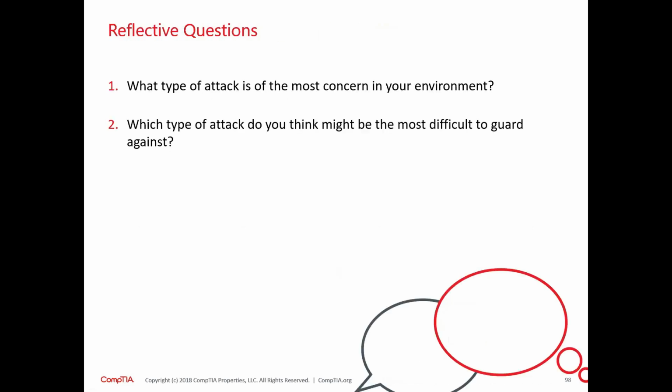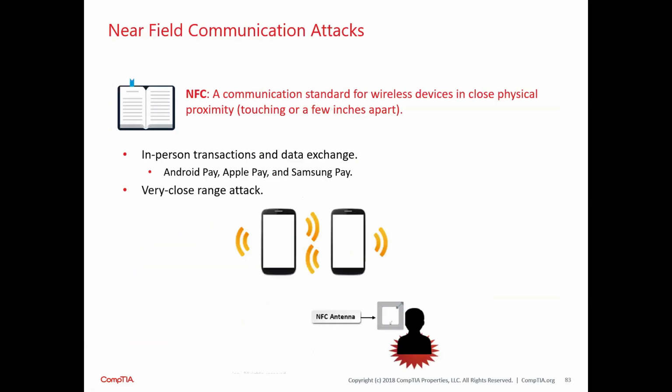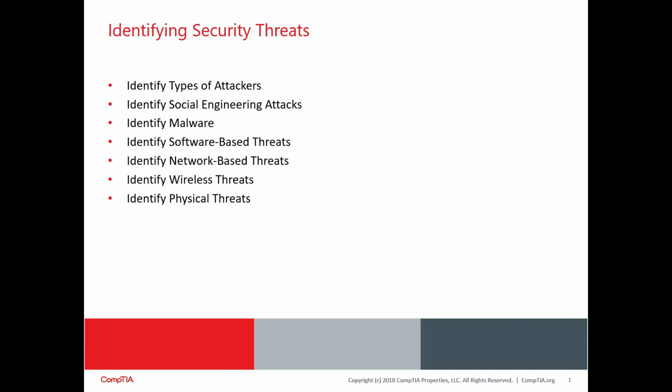So let me recap and summarize this session. We have learned about types of attackers, social engineering attacks, malware, software-based threats, network-based threats, wireless threats, as well as physical threats.